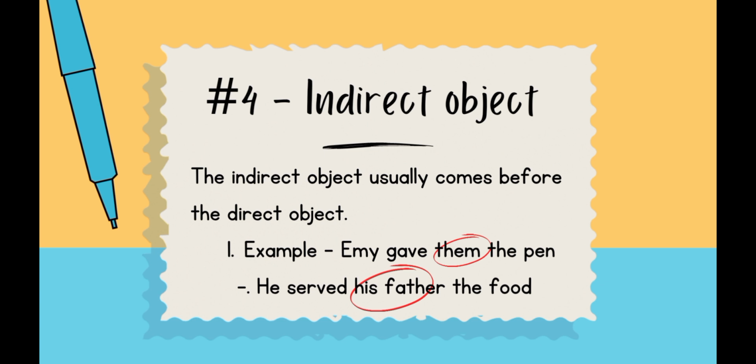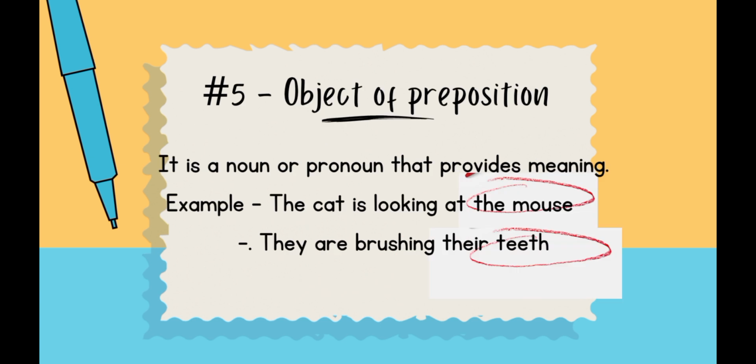Example 2. He served his father the food. The food is the direct object and his father is the indirect object.